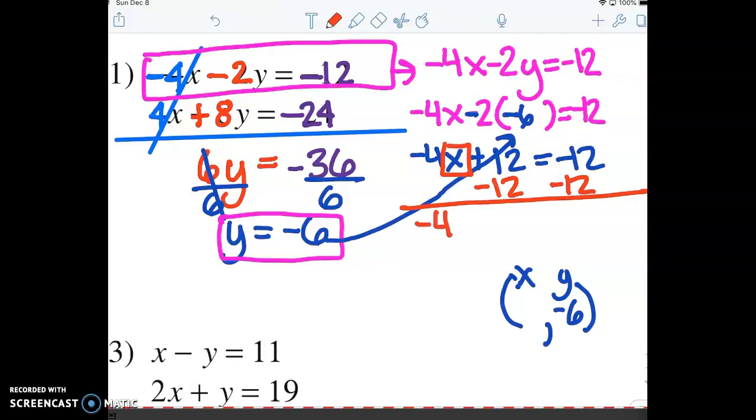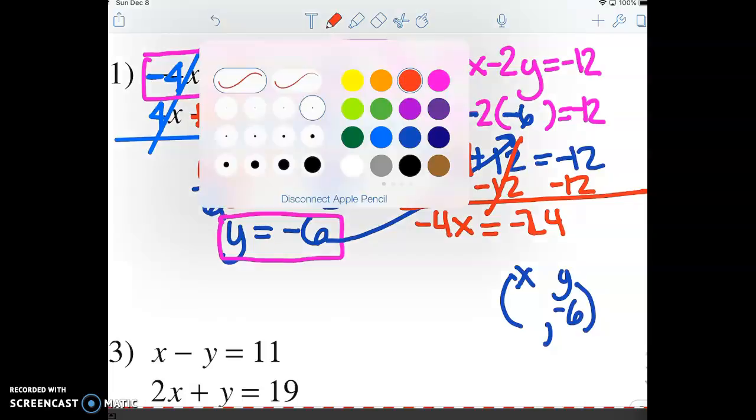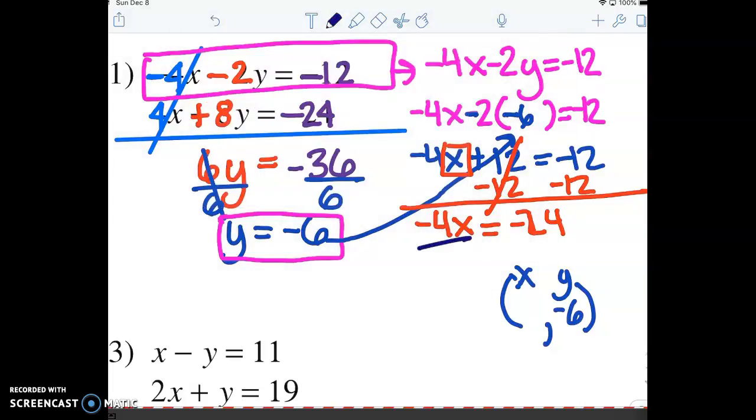So I get -4x, that canceled, equals -24 because it gets more negative. I'm going to divide by -4, divide by -4, and I end up with x equals positive, because those cancel, 6.